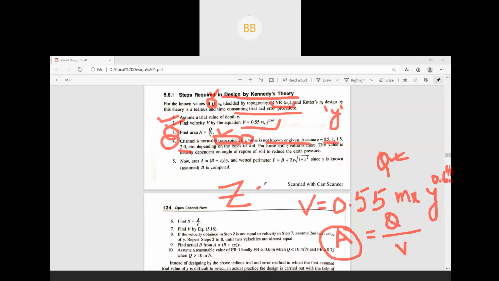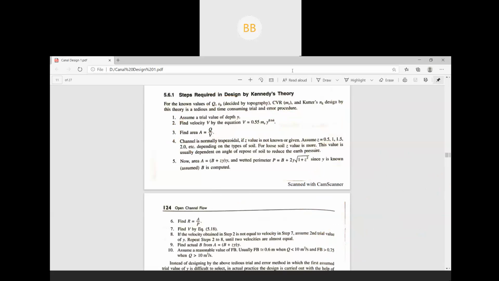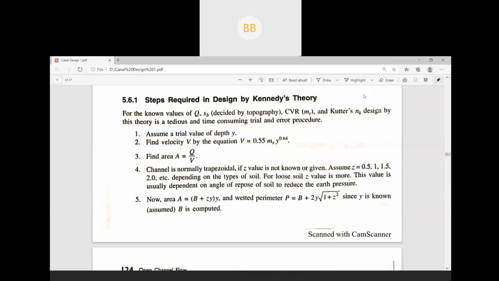The z value we have to assume in between 0.5 to 2, so 0.5, 1, 1.5, 2, depending on the types of soil.